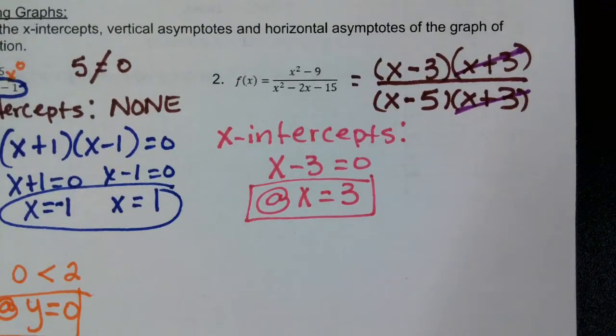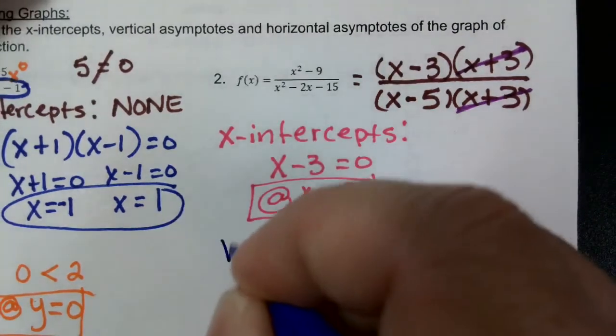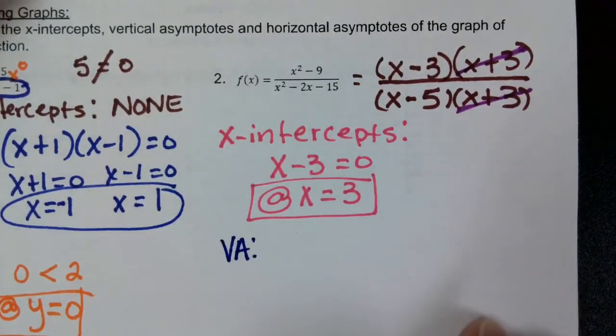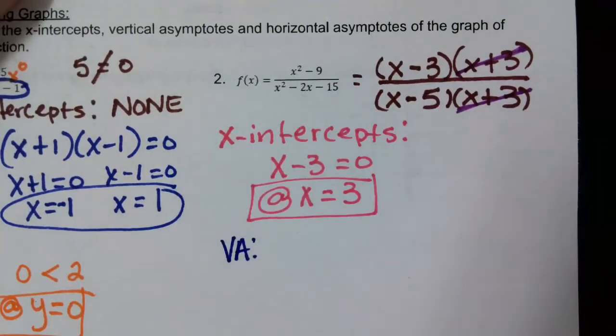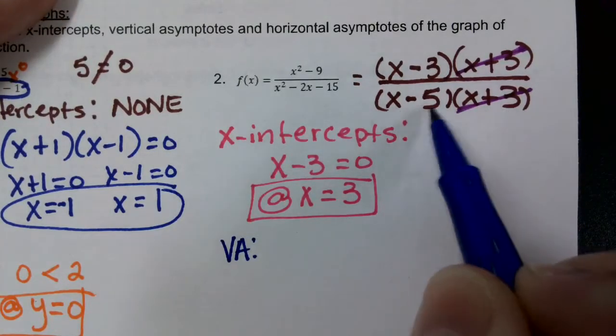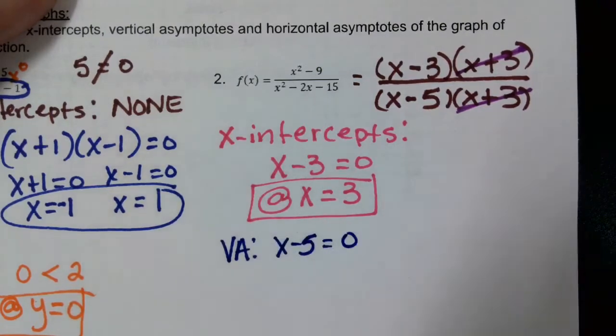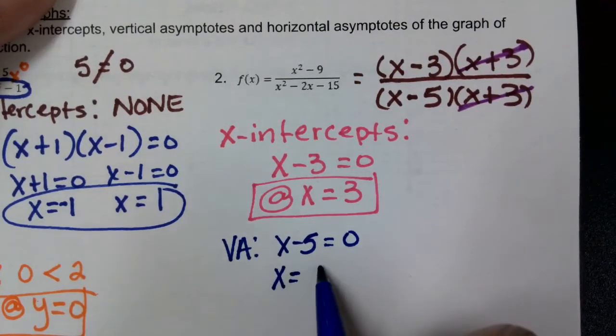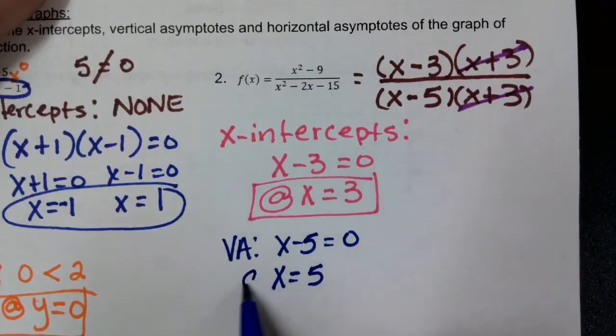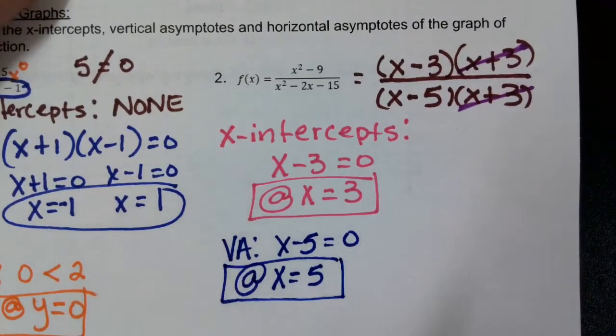To find my vertical asymptote, I will factor the denominator, which is already factored, and I have x minus 5 left. So I will set that equal to 0 and solve. So I have my vertical invisible line at x equals 5.